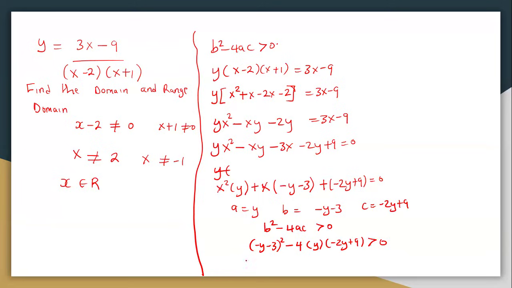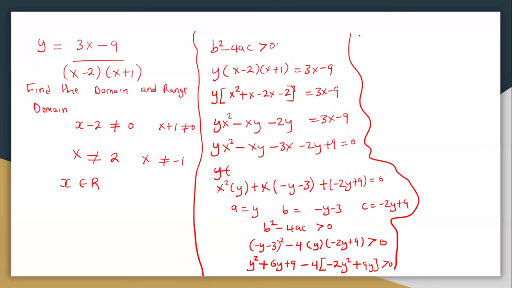So when we square, I'm saying y squared, allow me, I'm jumping a step, plus 6y plus 9 minus 4. When I multiply inside, I have negative 2y squared, then plus 9y greater than 0. So here we shall end up with y squared plus 6y plus 9.